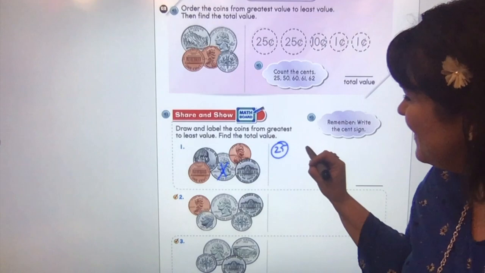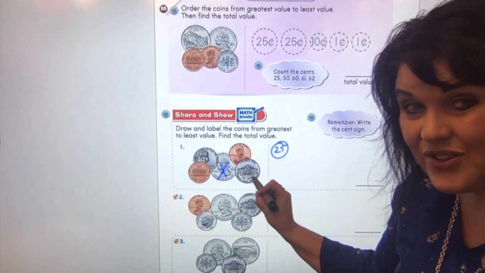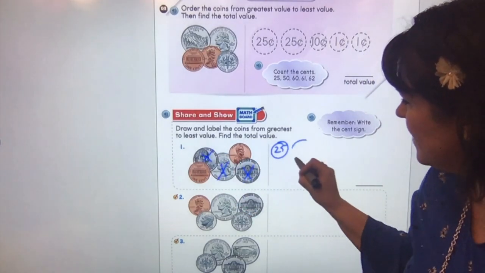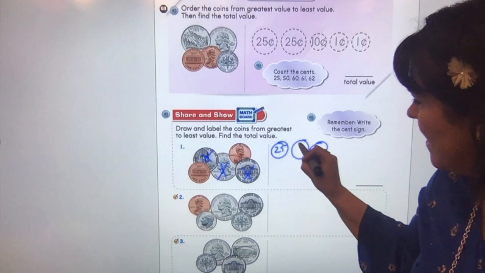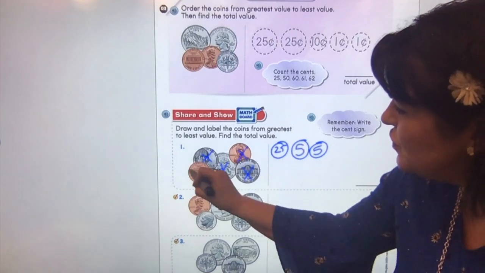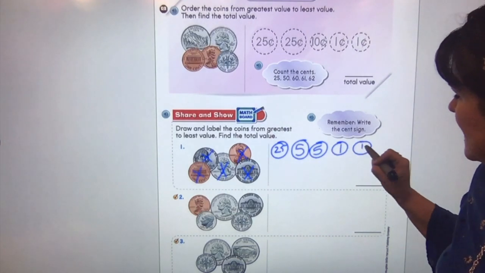And then I'm going to put, oh, what do we have here? We have 2 nickels. They're not dimes. Those are nickels, and we are going to need to put our 5 cents in there. And then we have 2 pennies, so we have to put our 1 cent in each one.